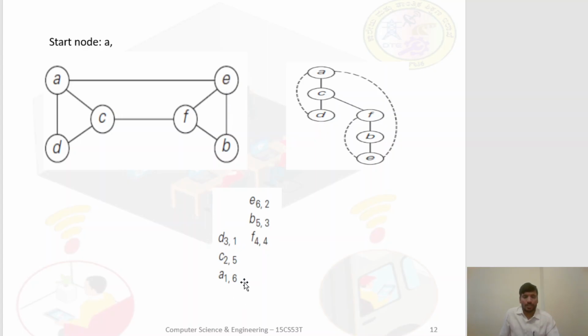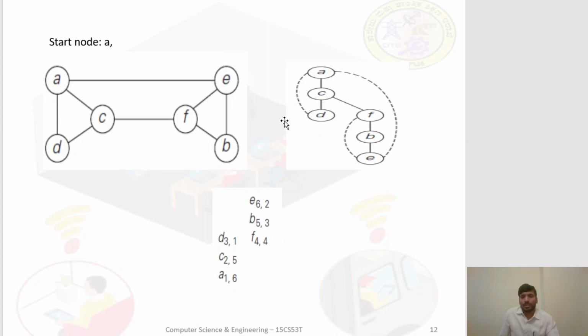And the second subscript shows the order of popping, as we use the data structure stack for traversing the tree. So the second one shows the pop operation.